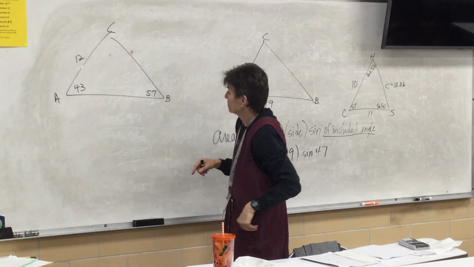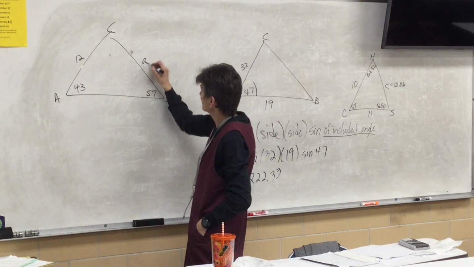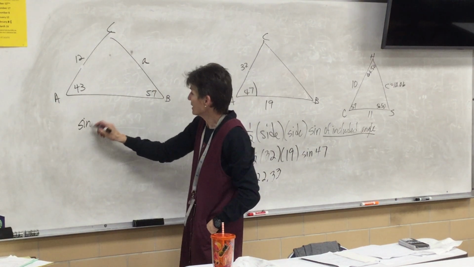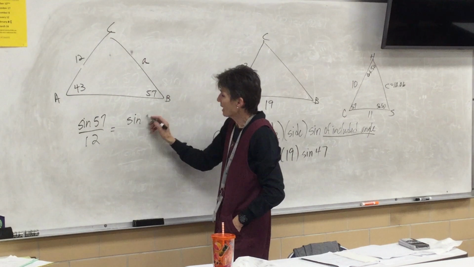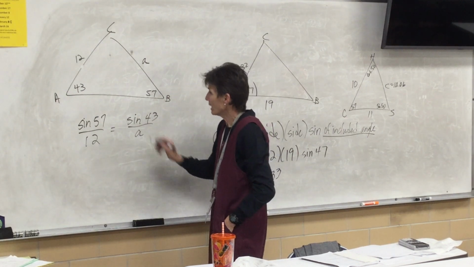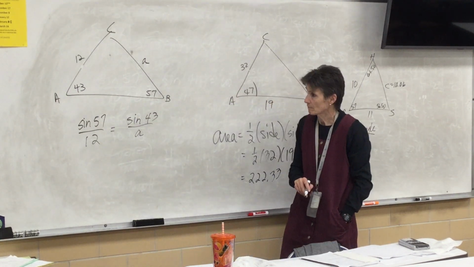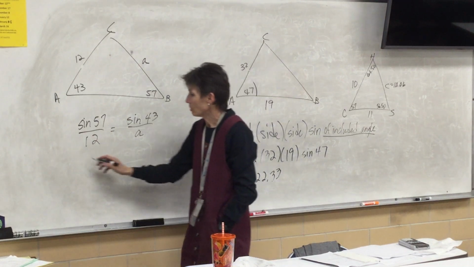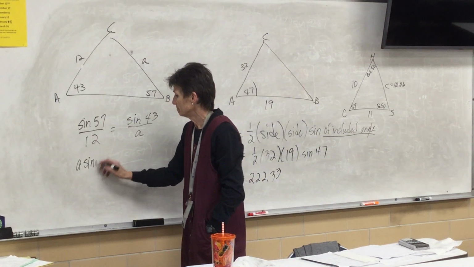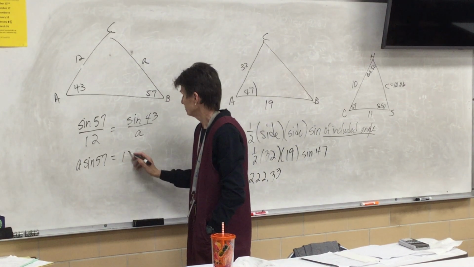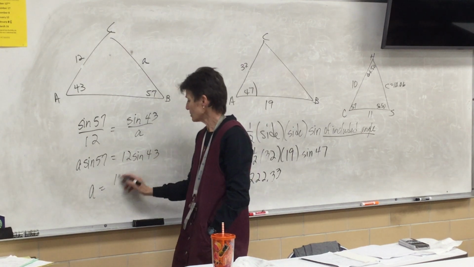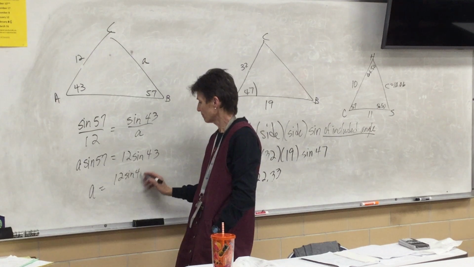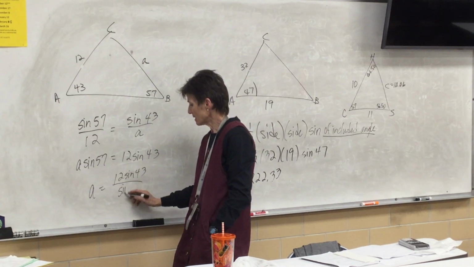Now let's see, this is side A over here. So sine 57 over 12 equals sine 43 over A. So cross multiply and divide. So A equals 12 sine 43 over sine 57.